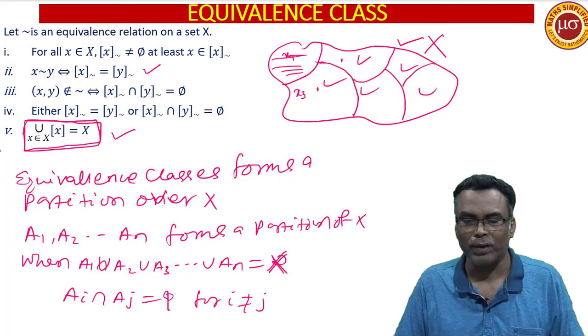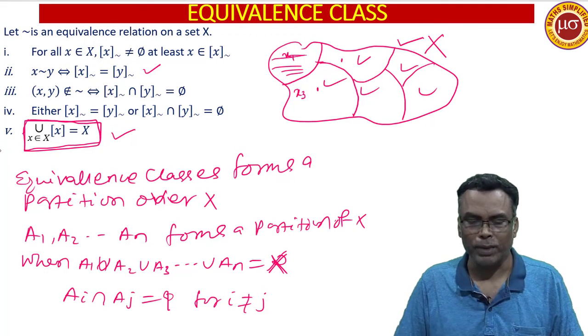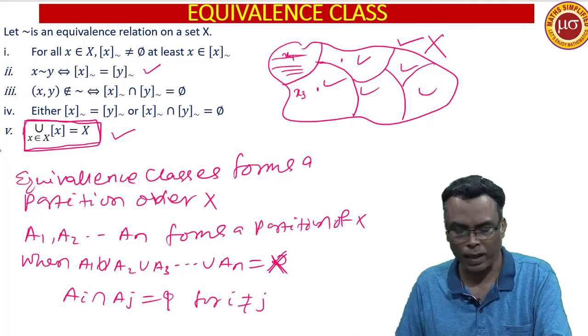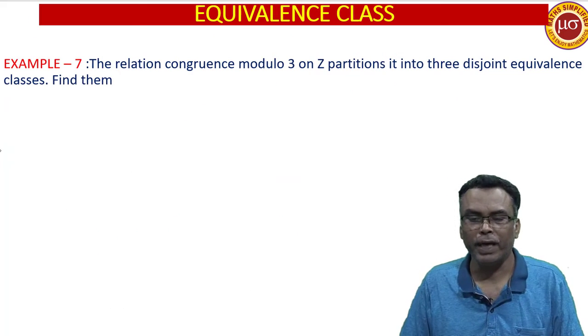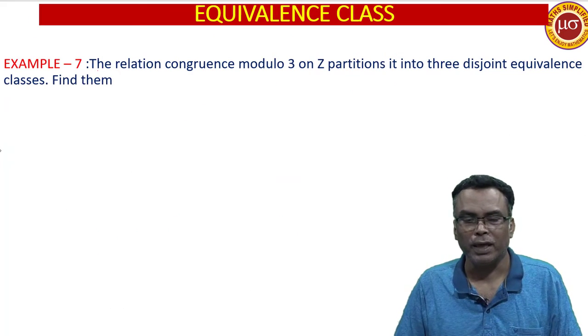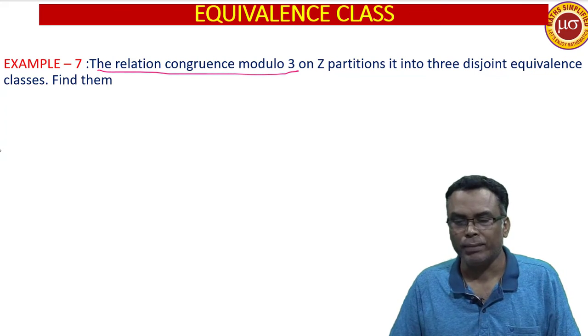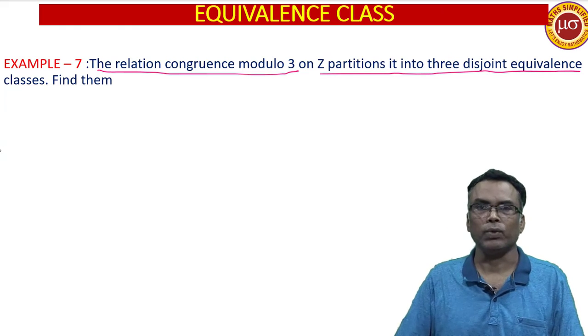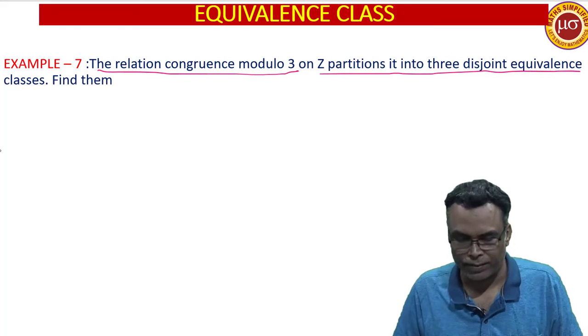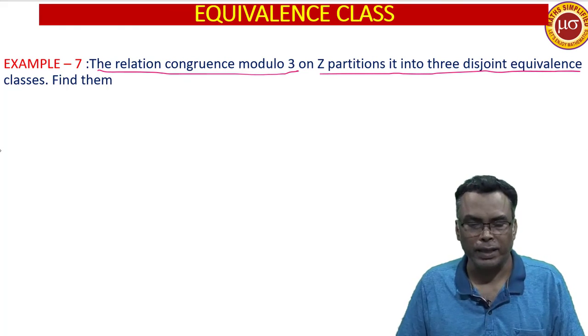For example, let me take a very small example. The relation congruence modulo 3 on Z partitions it into 3 disjoint equivalence classes. Why? Now, what is our Z?